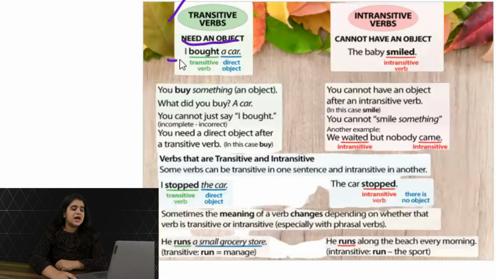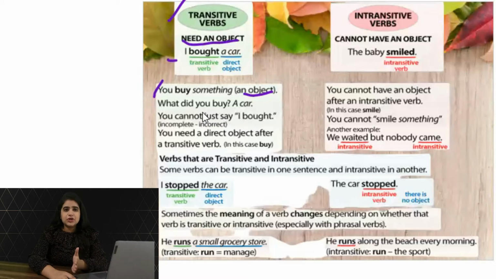For example, I bought a car. I bought. Bought is a verb over here and it is a transitive verb. Why? Because you buy something. What did you buy? If I simply tell you, I bought, you will definitely be asking what you have bought.